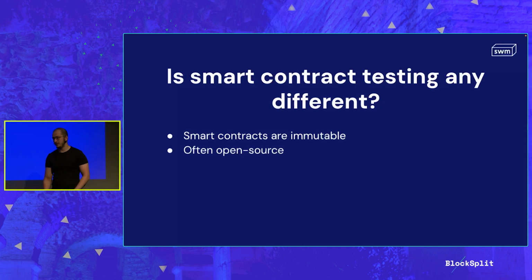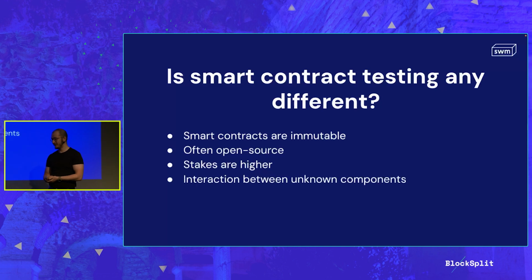They're often open source, so you have to take into account as well that somebody can read through the code and reverse engineer it, try to perhaps find a security hole in it. So the stakes are much higher. Usually, if a smart contract has a security hole, you find out about it in the worst way possible, and it's often too late.